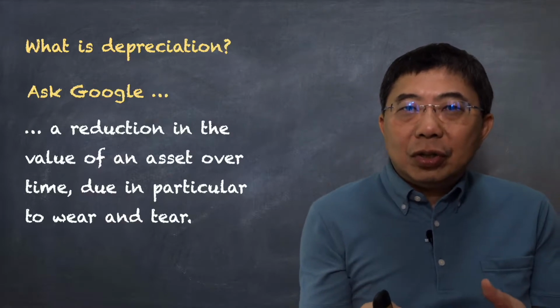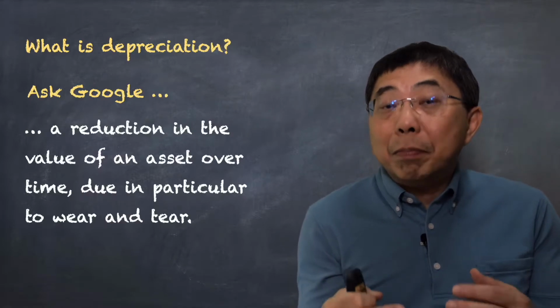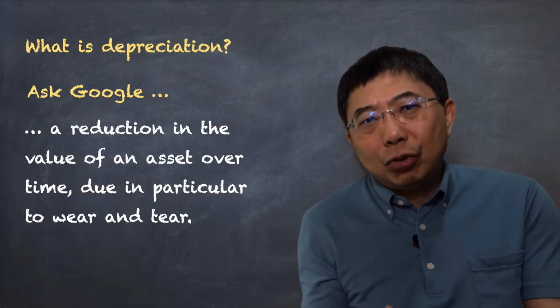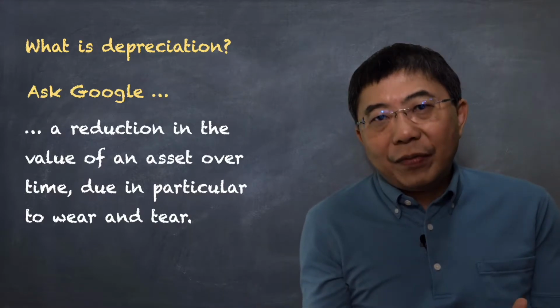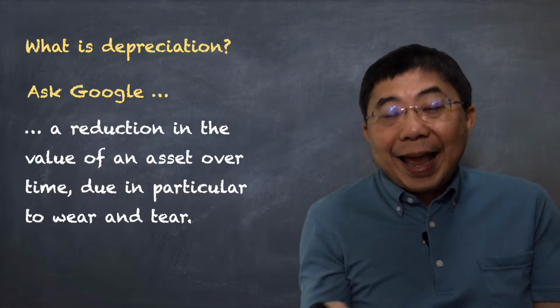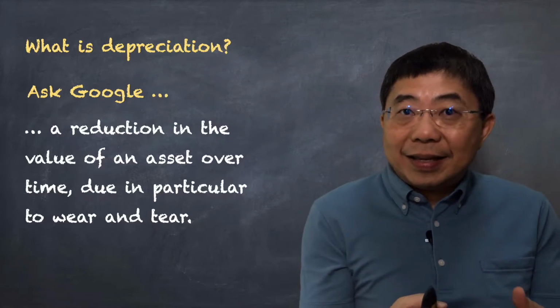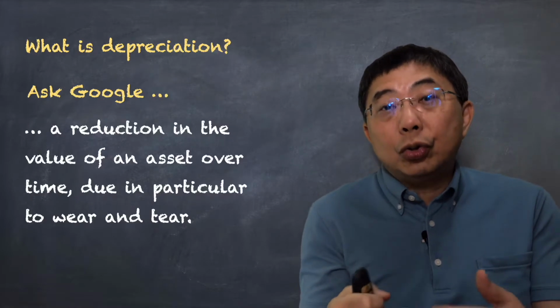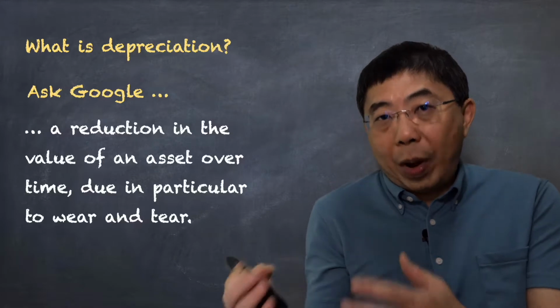This definition implies that it has something to do with the valuation of an asset over time, and this value of the asset will decline due to the process of wear and tear.